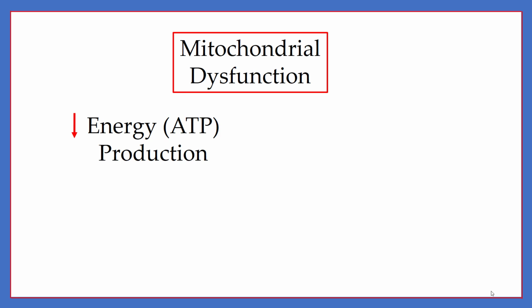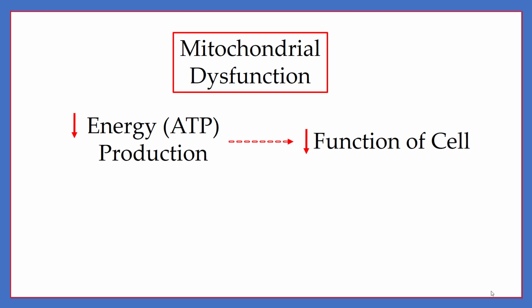So lowered energy production by the mitochondria leads to a decrease in the function of that cell. Tissues and glands are made of specific cells which have a function, so you can have a cell that's producing, let's say, cortisol, or a cell that's producing thyroid hormones. They each have their own particular function.